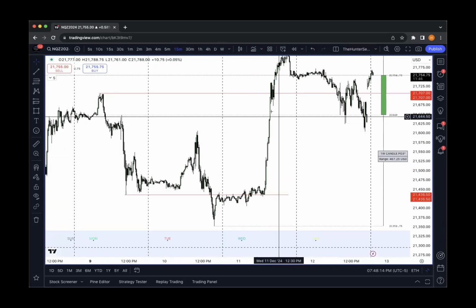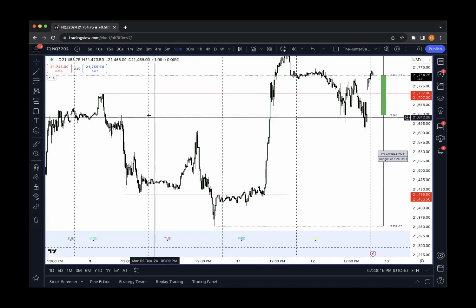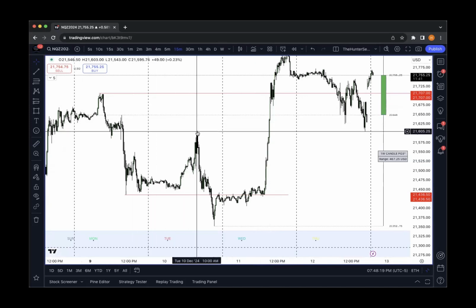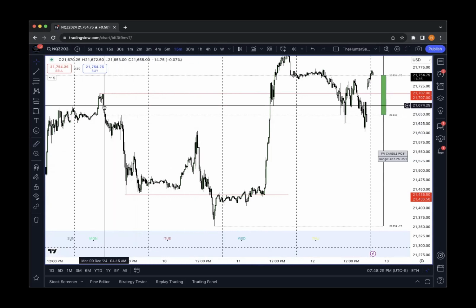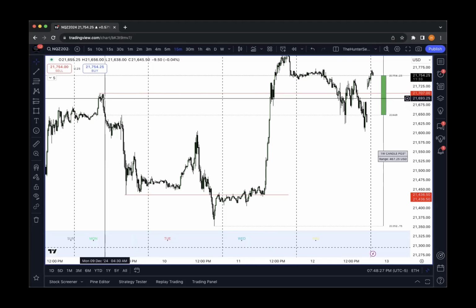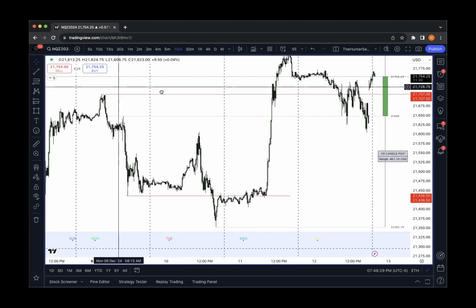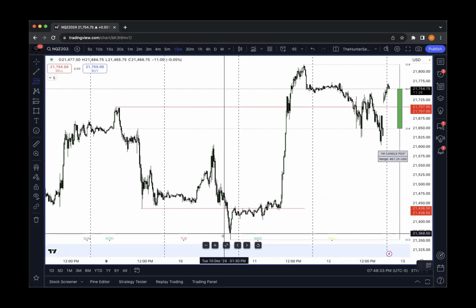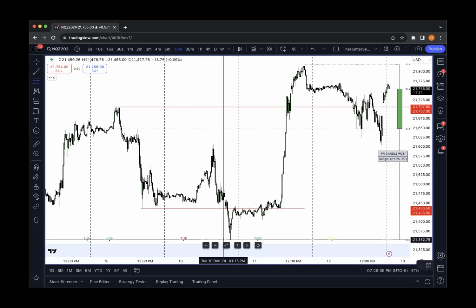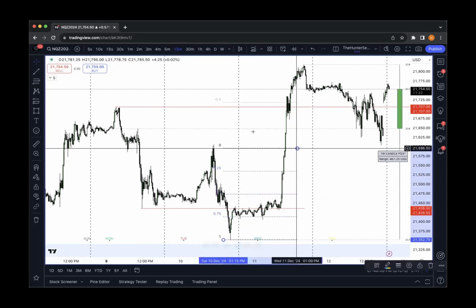I had stated that once we came up close to Monday's high, so once we broke above Tuesday's high, I was going to change gears and start looking for this inefficiency right here and then higher into buy side. Now, you could have done things like take projections and you could have found some of these levels.